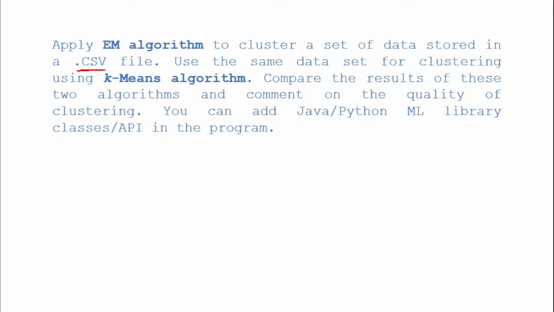So here we are dealing with EM algorithm. EM stands for estimation maximization algorithm, and K-means. K is a number of clusters, by taking the means of data points.